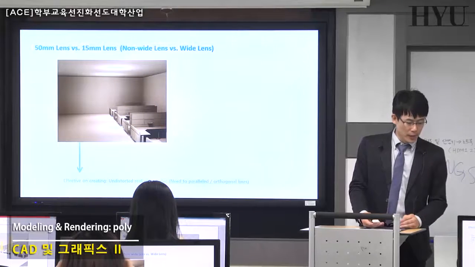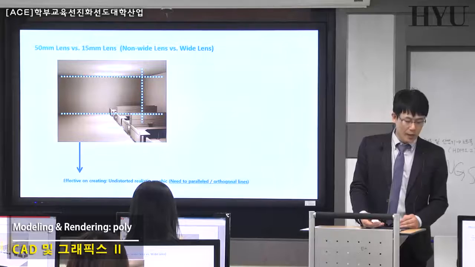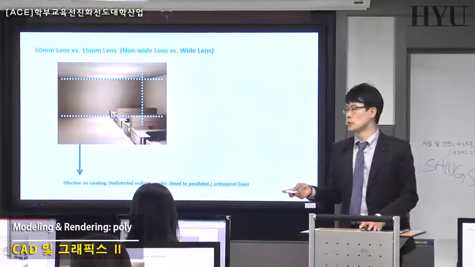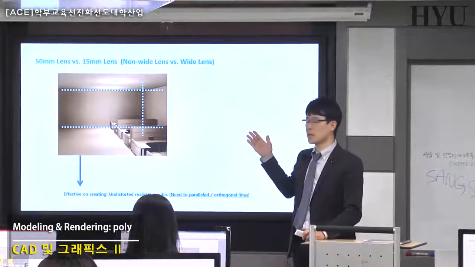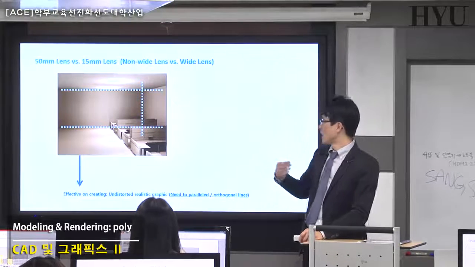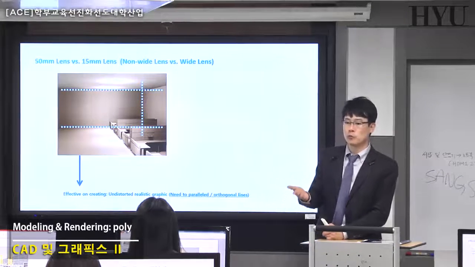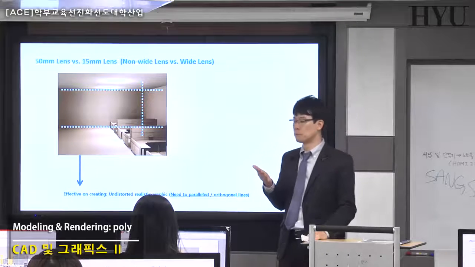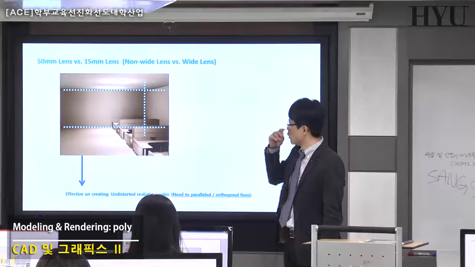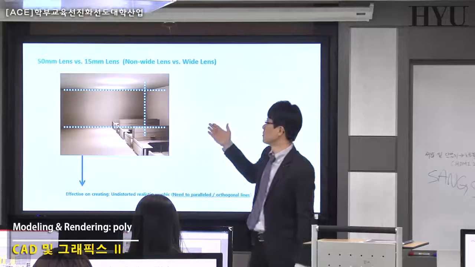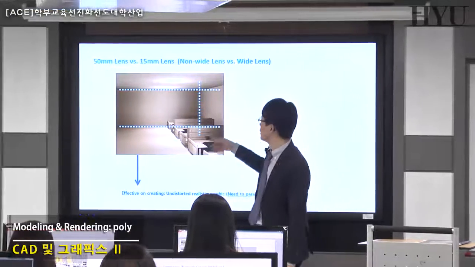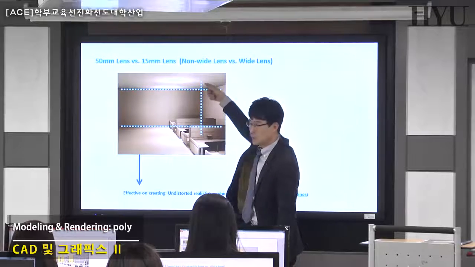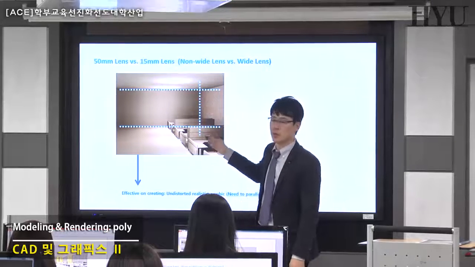Another one, I would like to show you some visual effect things when you are using this kind of camera. Actually, I told you before when you were freshmen, whenever you draw some images or create some visualization, rendering, this vertical line is supposed to be orthogonal.